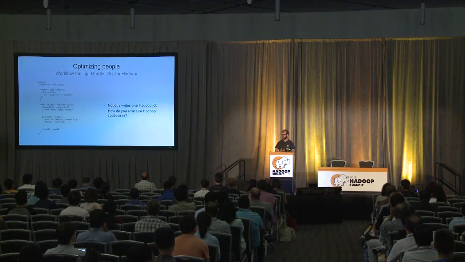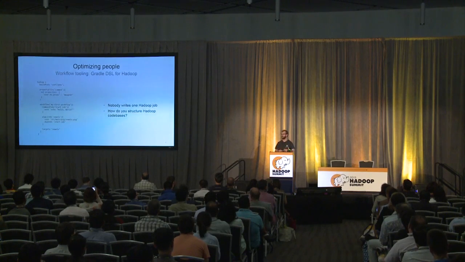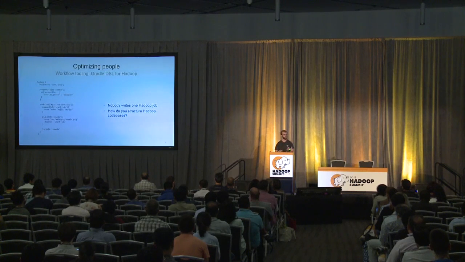Everyone has their own workflow manager, but there's no real standard way of managing your code base and all your dependencies. If I have a workflow that needs to have some parts in Pig, some parts in Java, some parts in Scala or Spark, how do I bring that all together and have related components live in the same code base and function together?